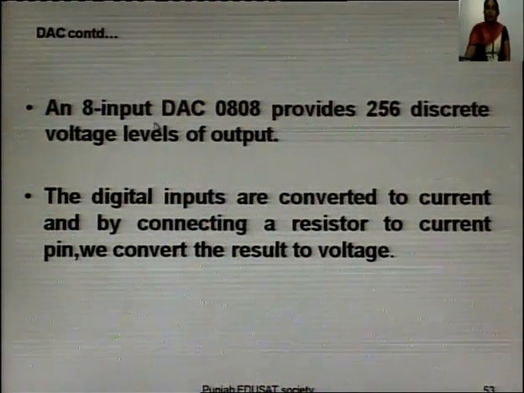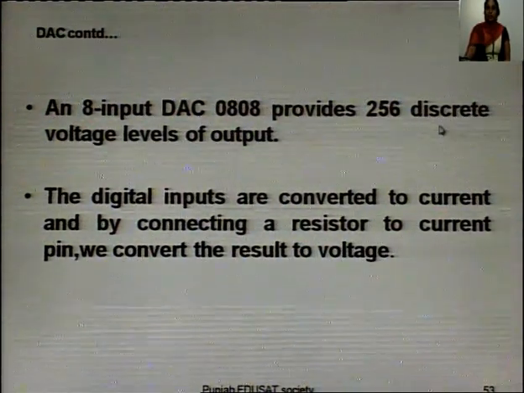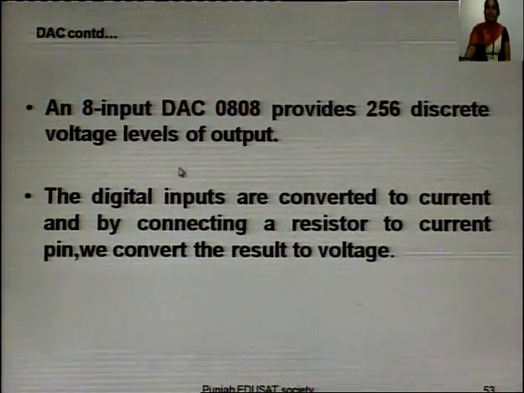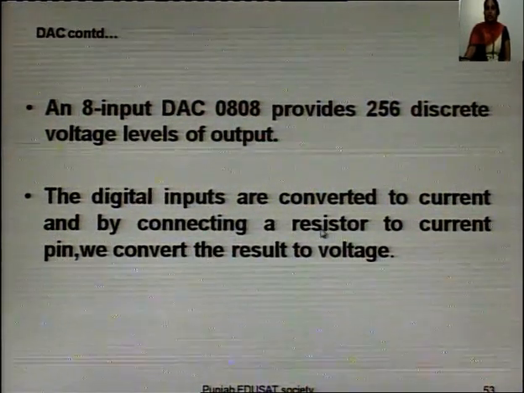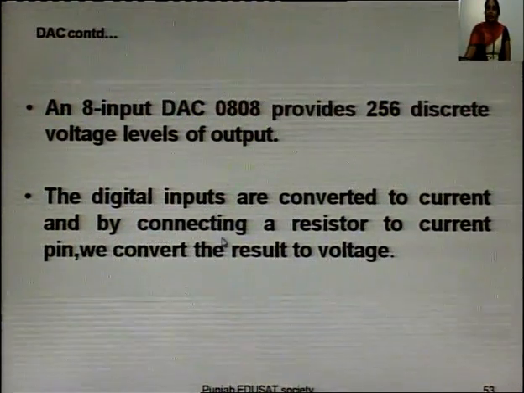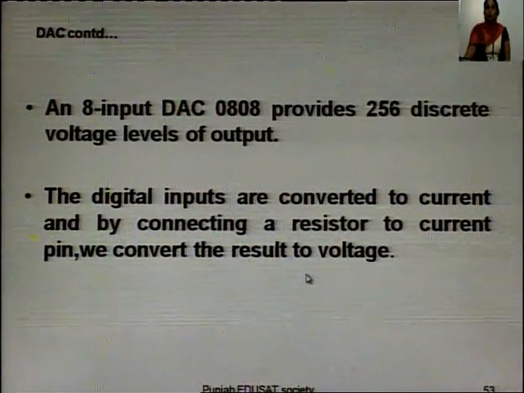An 8 input DAC0808 provides 256 discrete voltage levels of output. The digital inputs are converted to current, and by connecting a resistor to the current pin, we convert the result to voltage.